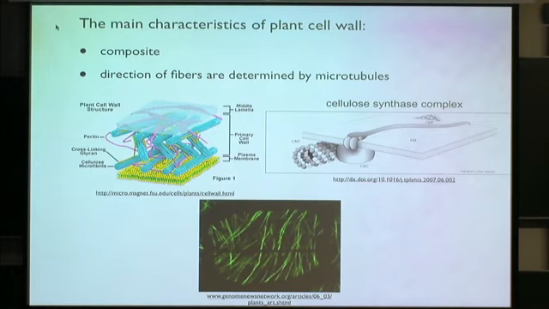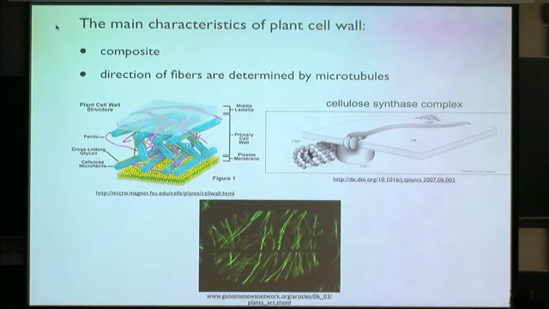But the distribution of these fibers can be random or completely anisotropic. And it depends on the microtubular network, cortical microtubules that are tethered to the plasma membrane.